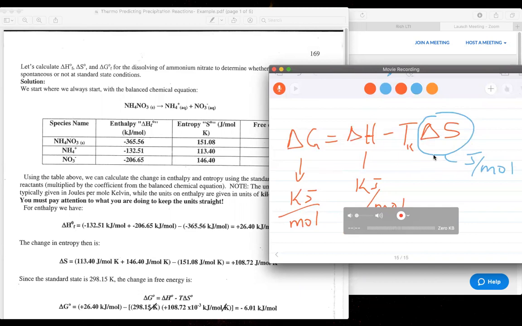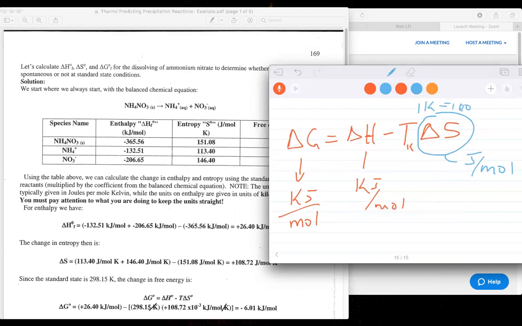Of course, 1 kilojoule equals 1,000 joules. Change that, and plug it into this equation and make a conclusion whether it is spontaneous or non-spontaneous.